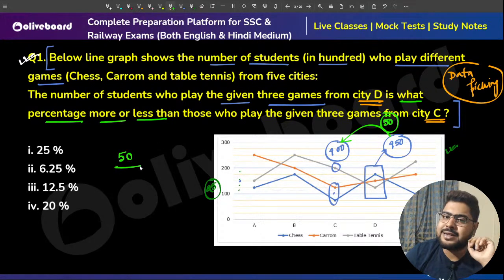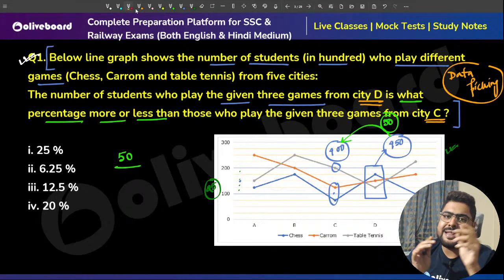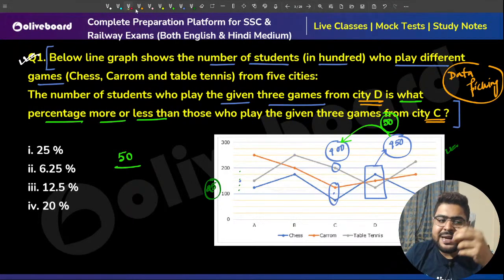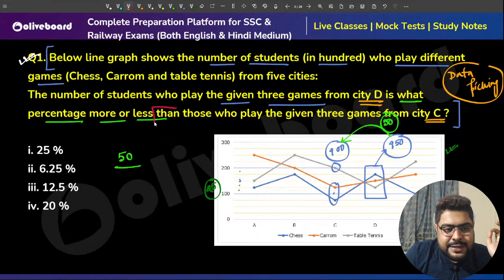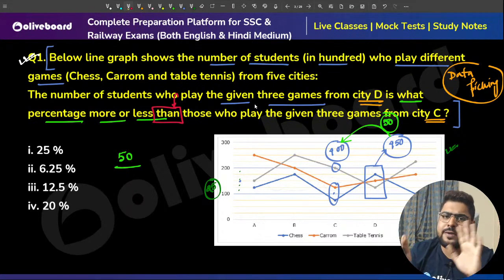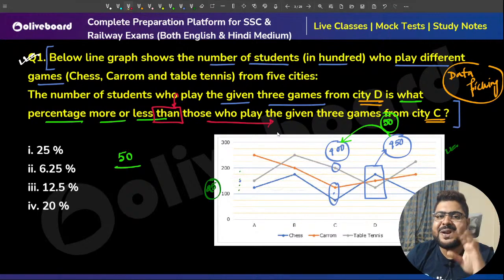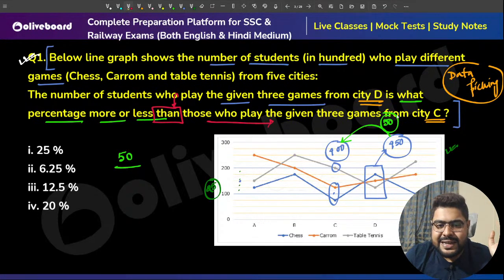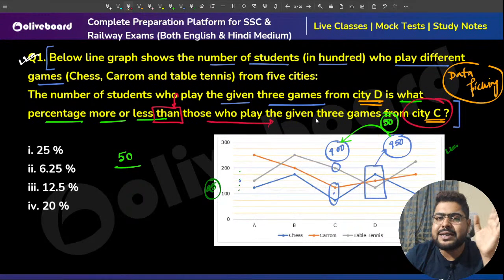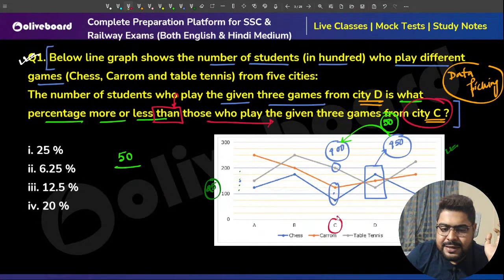Out of what? A few students always have this doubt: what will be the denominator? I'm giving a very good trick here. Find the word "than". Anything that is after "than" is your denominator. After "than" it is C, and the total for C is 400.